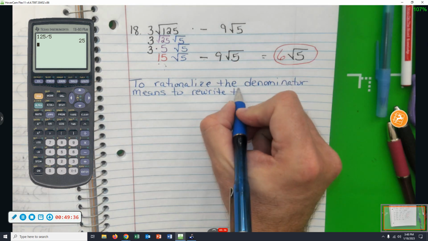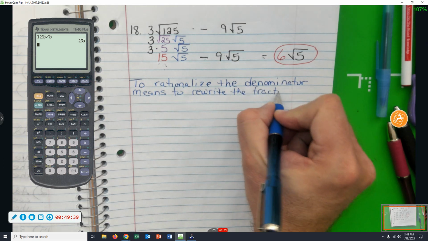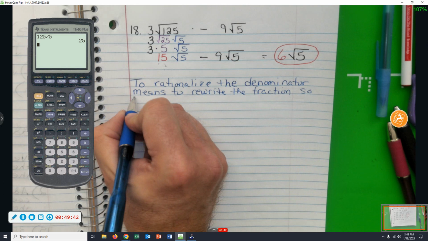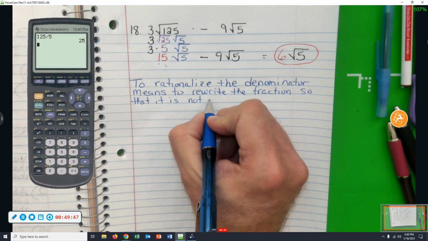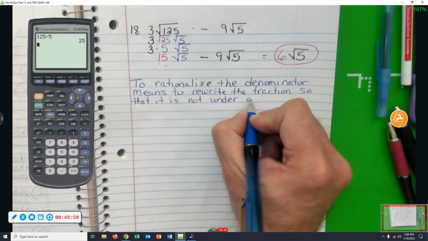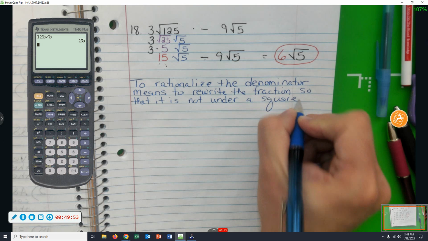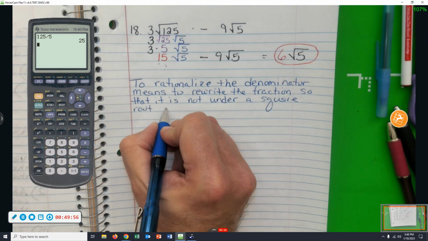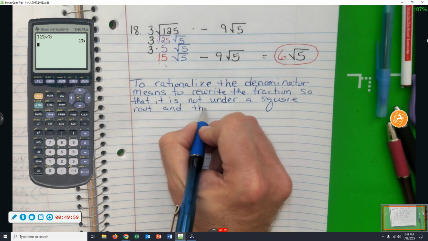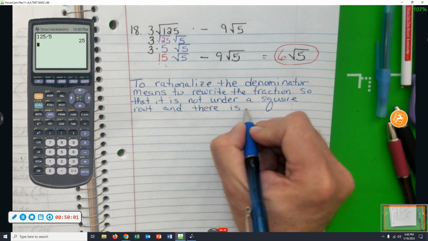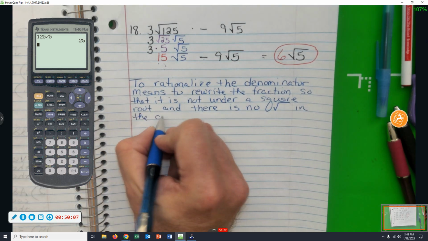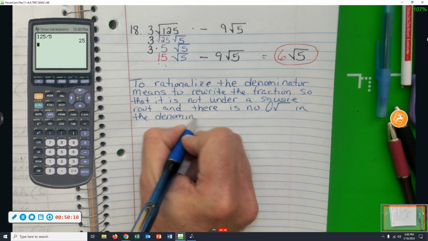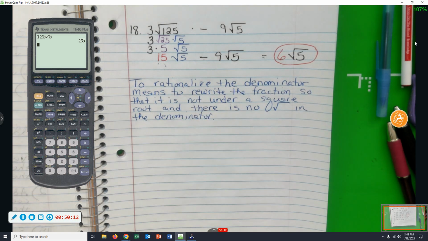So to rewrite the fraction so that it is not under a square root, and there is no square root in the denominator. What the heck am I saying? Whatever, I'm saying it poorly, ain't I? Okay. Well, let's try to show what we mean by that.